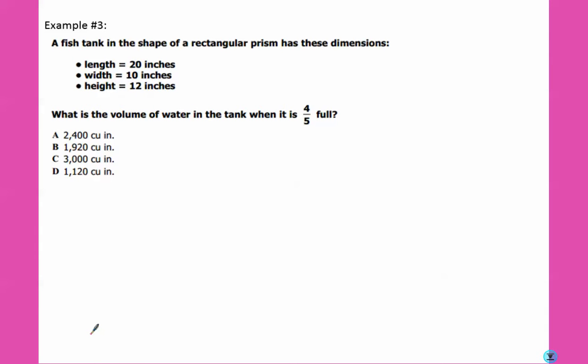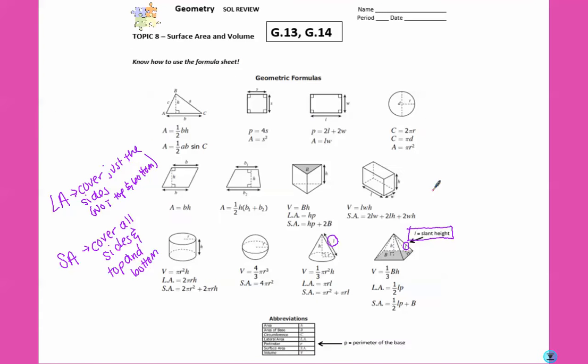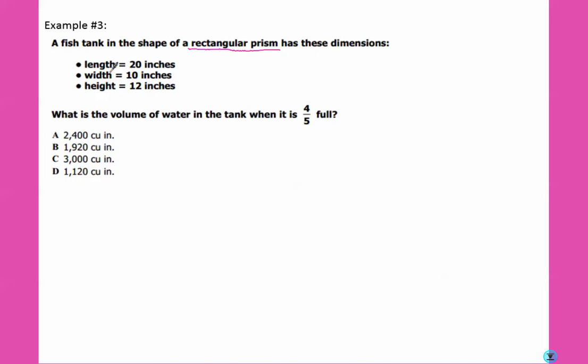Example number 3. A fish tank is the shape of a rectangular prism. Let's find that on our formula sheet. That's this one right here. It has these dimensions. What is the volume of the water when the tank is 4/5 full? So let's start with the volume formula.